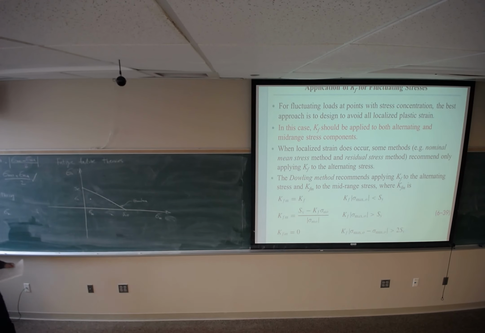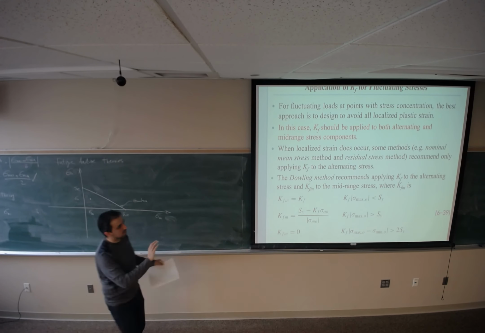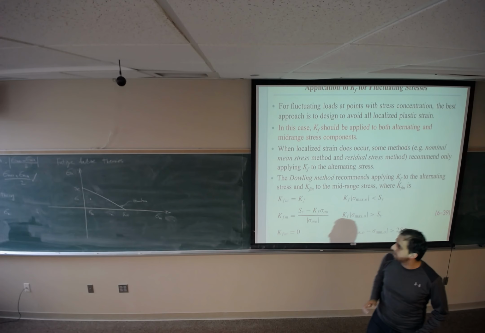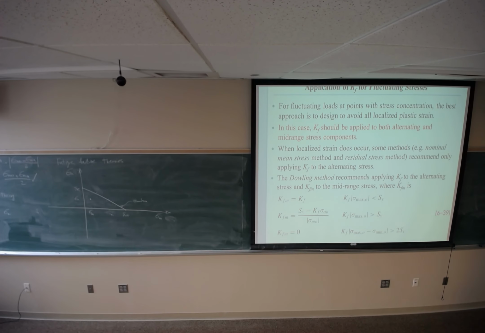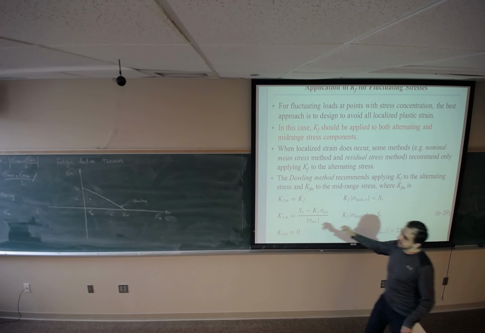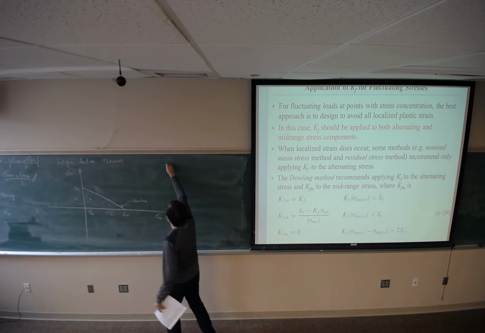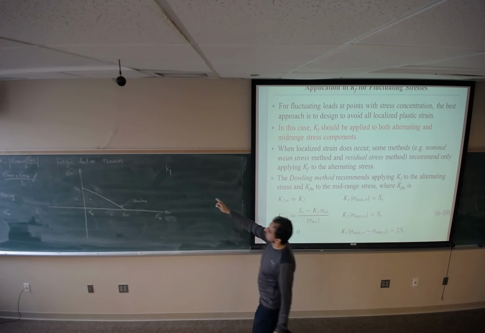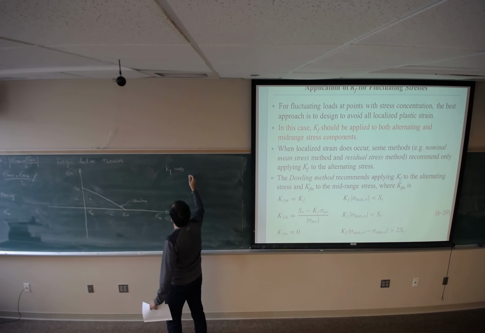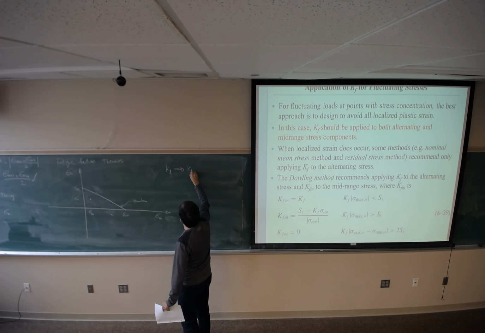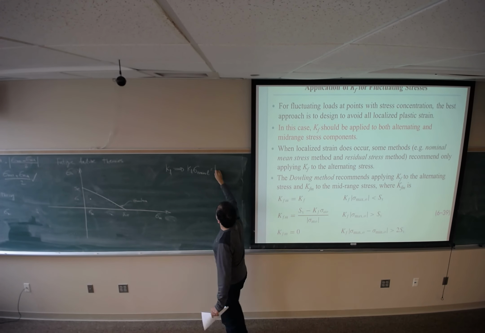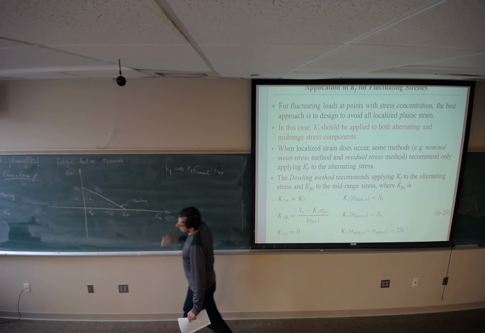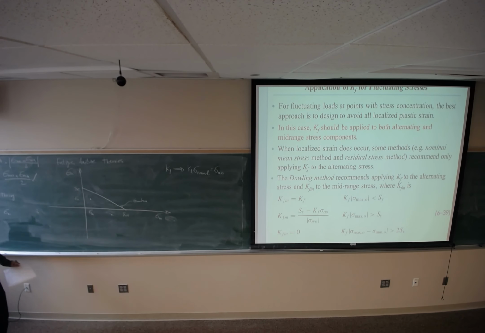Before I go further, let me talk about dealing with the fatigue concentration factor. We talked about Kf when we have completely reverse cycles. Kf is going to apply to the nominal stress, and we get sigma max if you multiply the nominal stress by Kf.